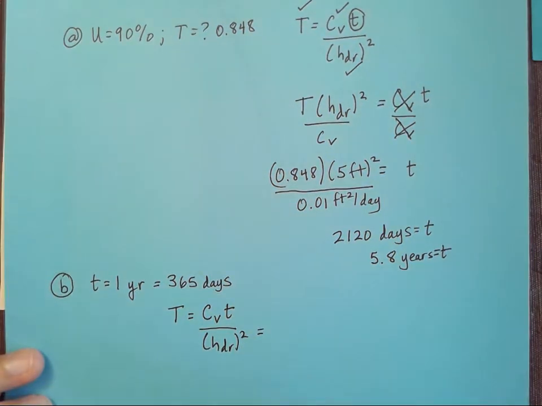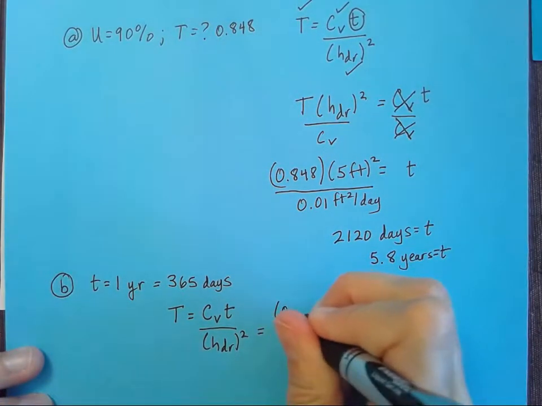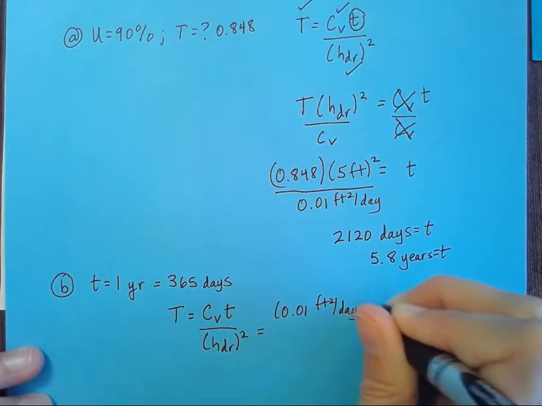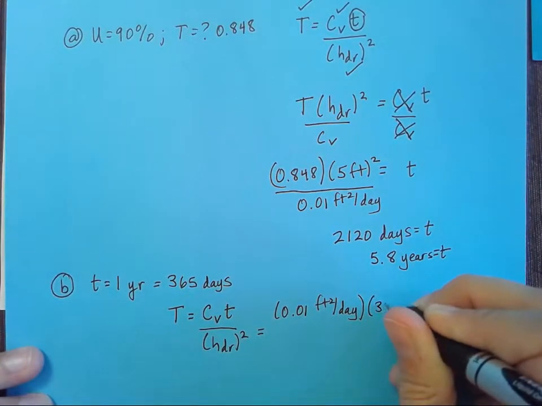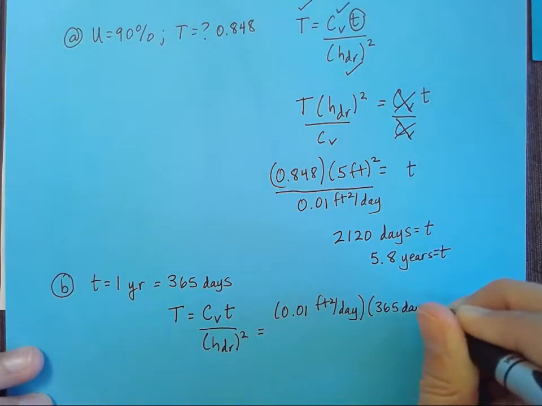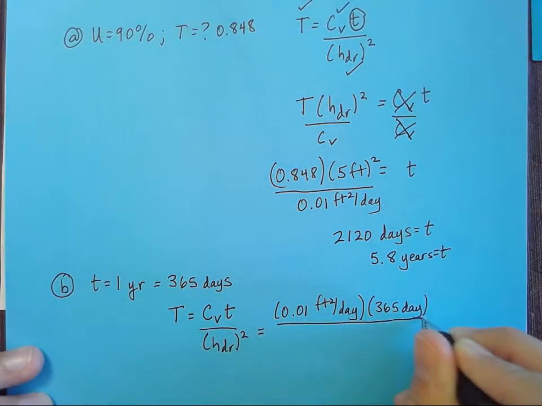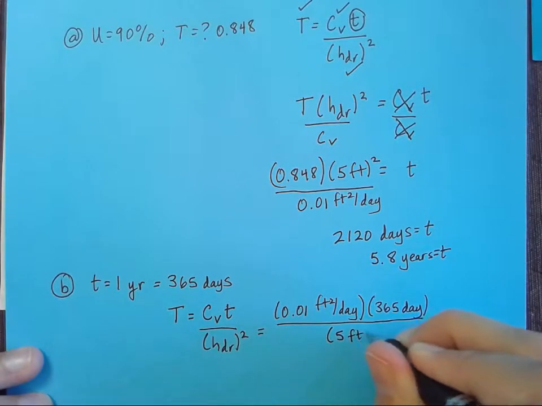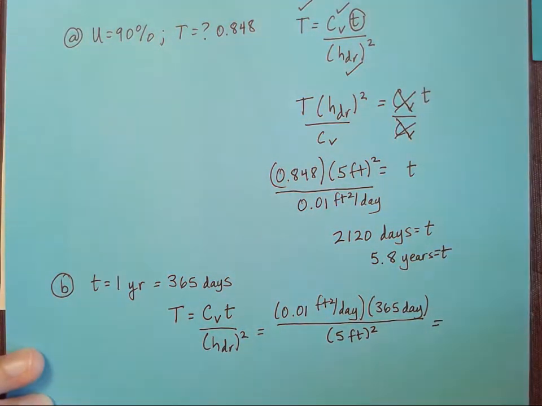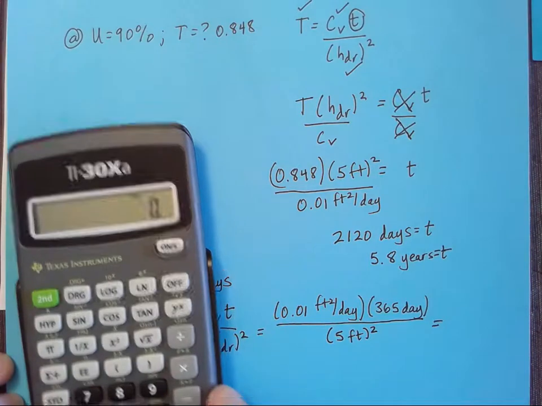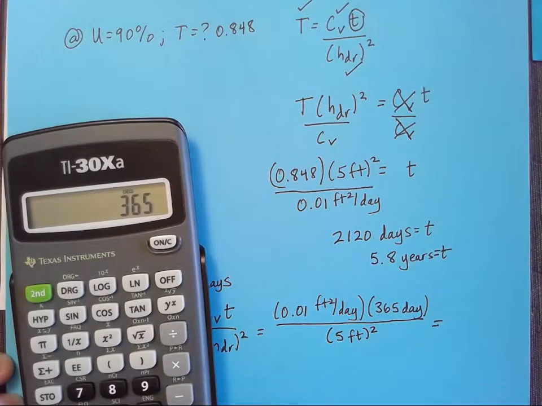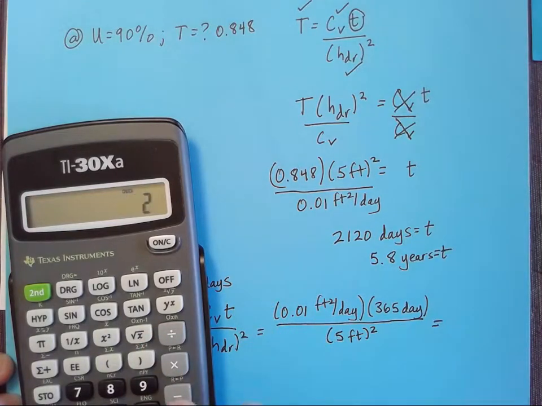And so now I can just plug my values in, 0.01 feet squared per day times 365 days, all divided by my HDR, remember, is 5 feet squared. And when I put that into my calculator, I get 0.01 times 365 divided by 25.